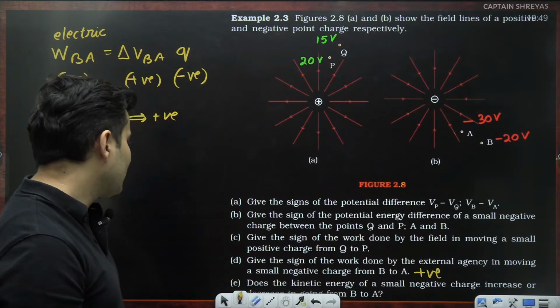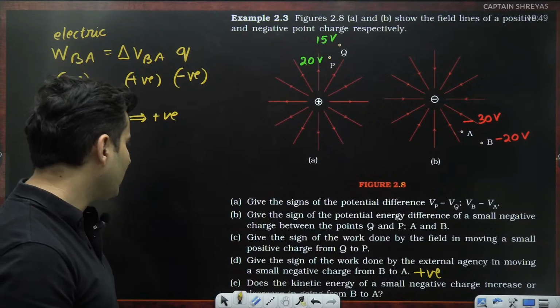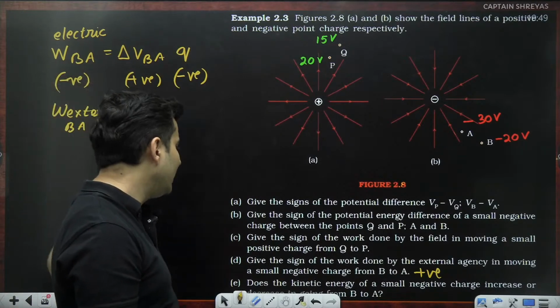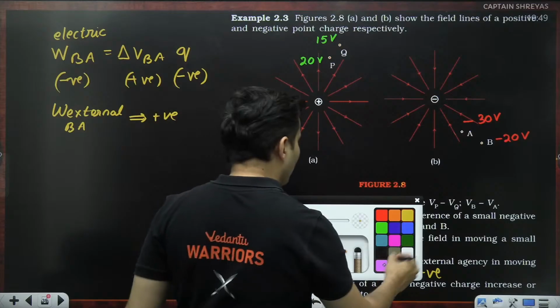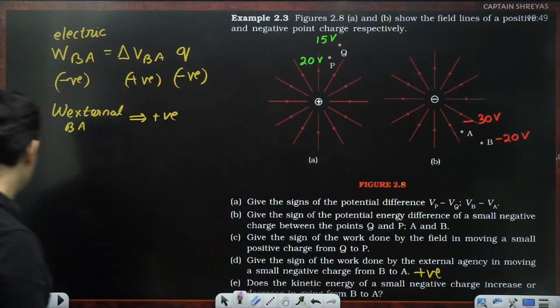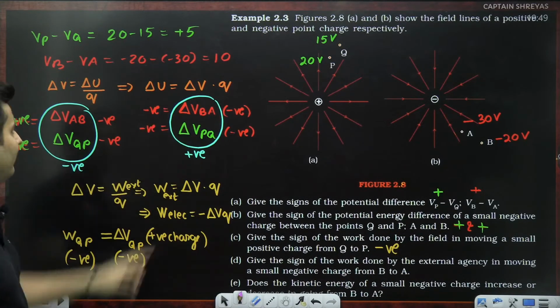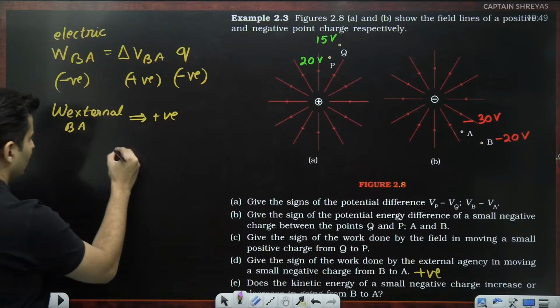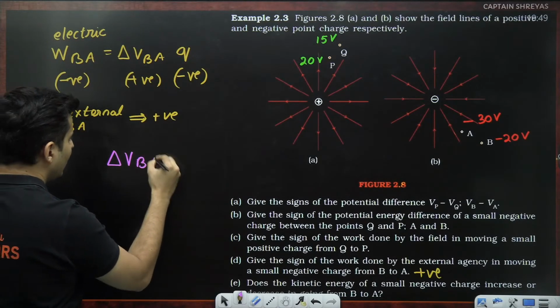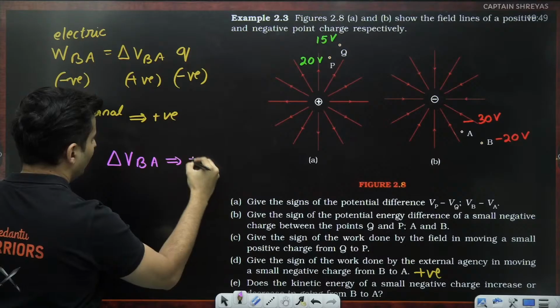Last question: does the kinetic energy of a small negative charge increase or decrease in going from B to A? Now, in going from B to A, let's see what happens. Delta VBA was positive.